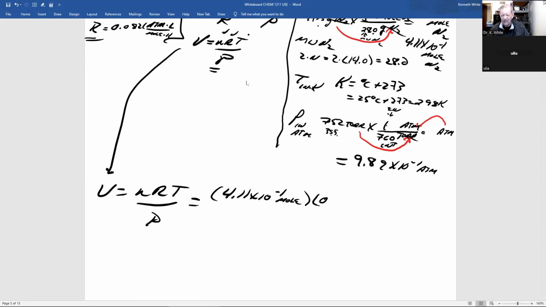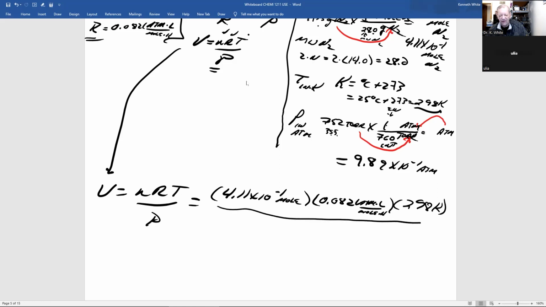R is the universal gas law constant, which you will be given. And temperature, we figured out right here. And remember, these have to be in the right units. And finally, the pressure in atmospheres we have here.